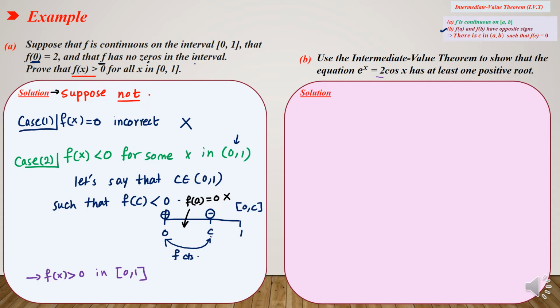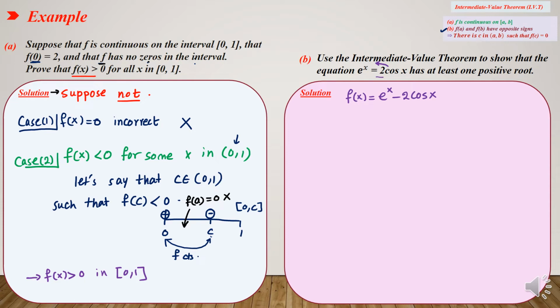So firstly, since you want to prove that this equation has a positive root, positive root means you have to take an interval greater than 0. So the function will be f of x equals e to the x minus 2 cosine x.